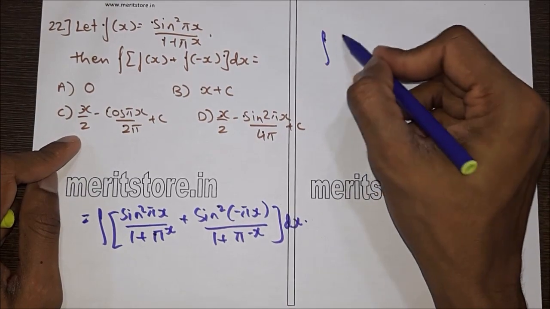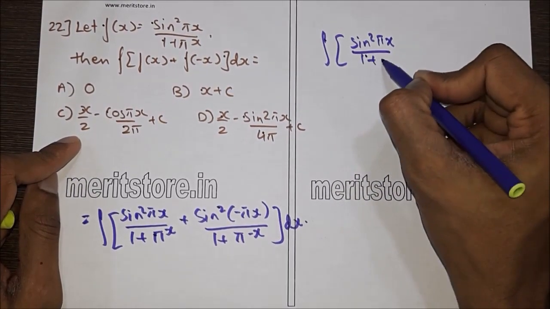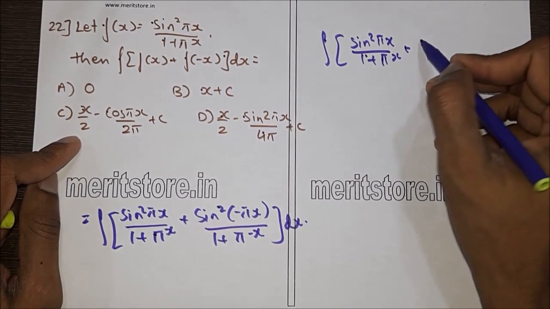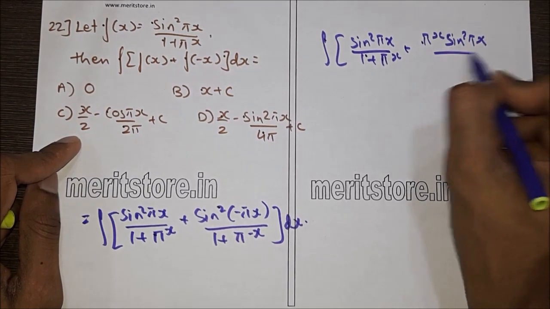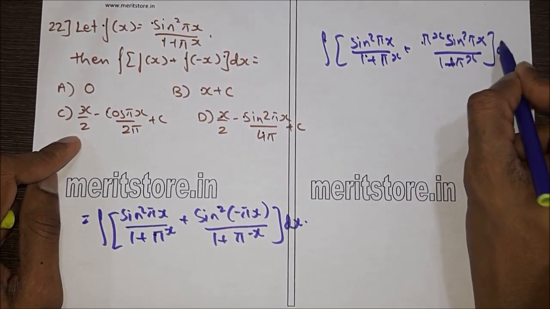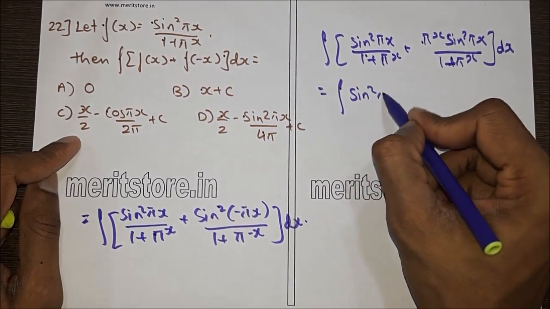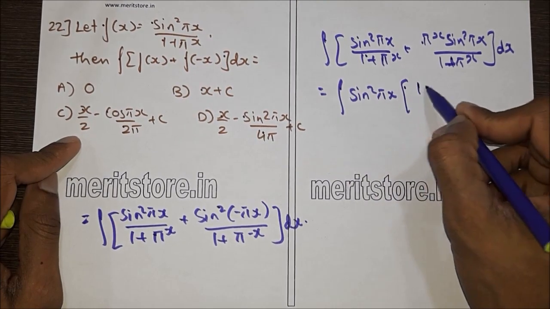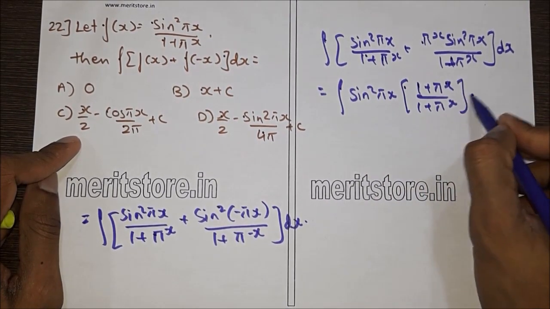For the solving, we get integral sine square pi x upon 1 plus pi raised to x plus pi raised to x sine square pi x upon 1 plus pi raised to x dx. Further, we can write this as integral sine square pi x times 1 plus pi raised to x upon 1 plus pi raised to x dx.